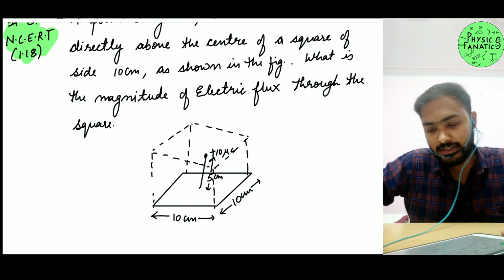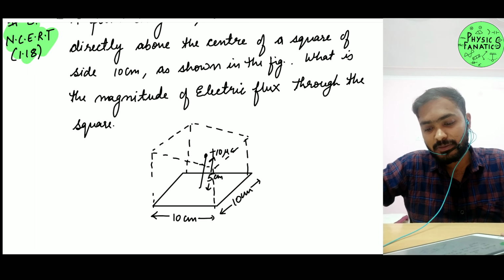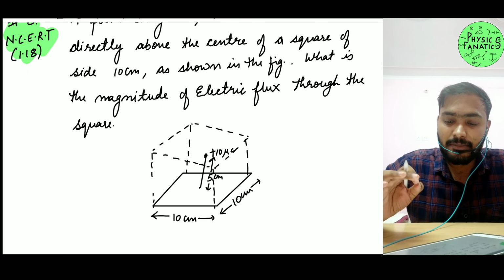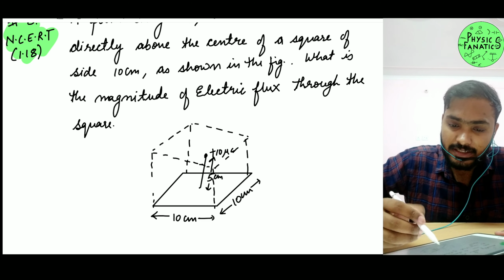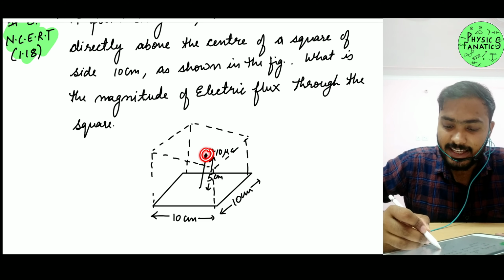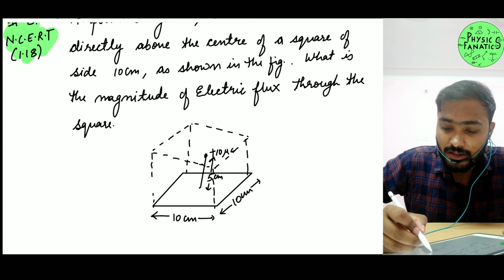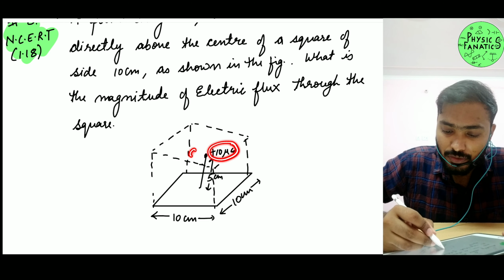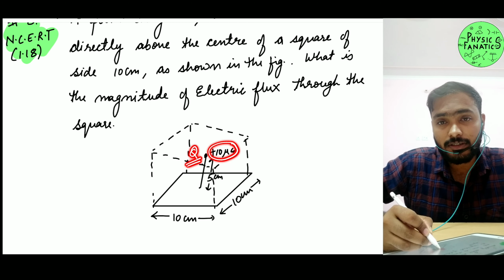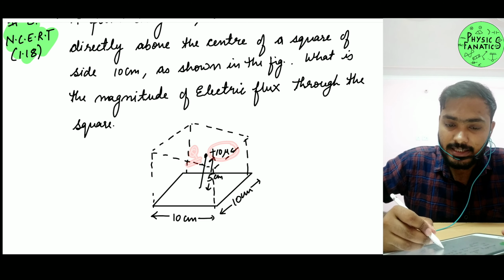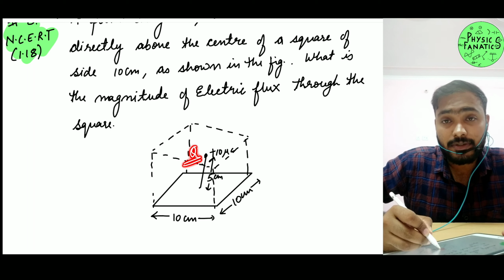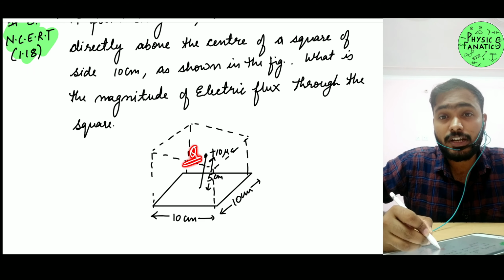I know the diagram is not coming out to be right, but yeah, I am imagining a cube here where this charge is at the center, right? So instead of 10 microcoulomb, let's say a Q charge is kept at this place, just for the understanding sake. How would you have solved it?